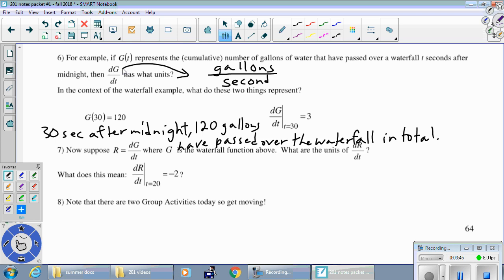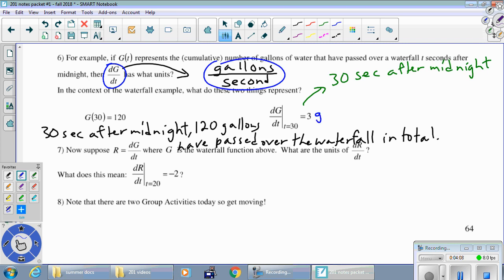And then dg dt at t equals 30 equals 3. Let's interpret that. So the t equals 30 is still 30 seconds after midnight. And this is a derivative, so it's a rate of change. And let's think about the units here. We've already discovered that the units for dg dt are gallons per second. So the units here for this 3 are gallons per second.